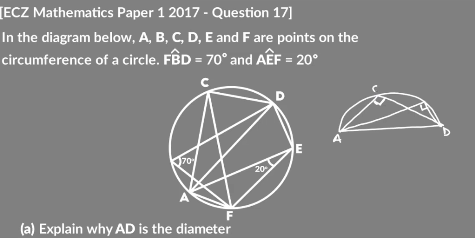So if this was point C, this was point E, angle ACD, angle AED are going to be 90 degrees. So what we want to do to explain here is verify if we can find the 90 degrees maybe here, or we can find that this angle here is 90 degrees. Take a look at the diagram and see if you can find a way of proving that the angle ACD and the angle AED are both 90 degrees.